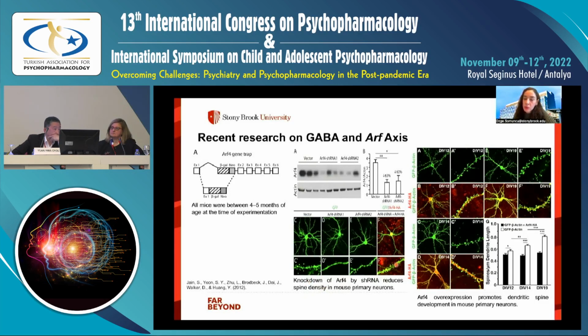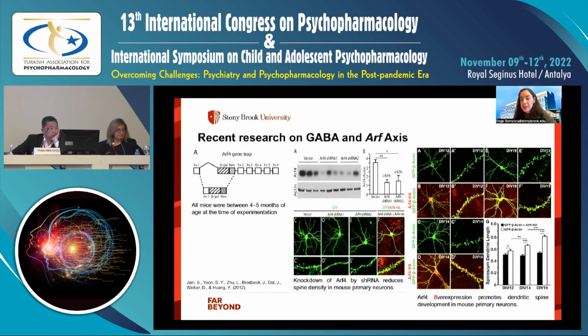What you can see over here is significantly different with these shRNA mutants, and you can see that when ARF4 was rescued along with the shRNA, the spine density abnormalities were also rescued. So this was the first indication that it is highly important for the spine density.